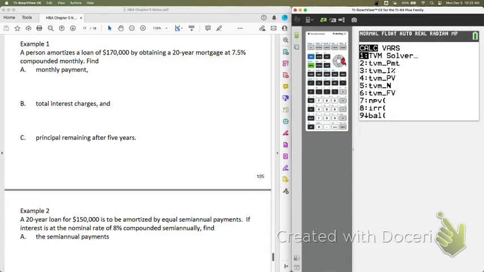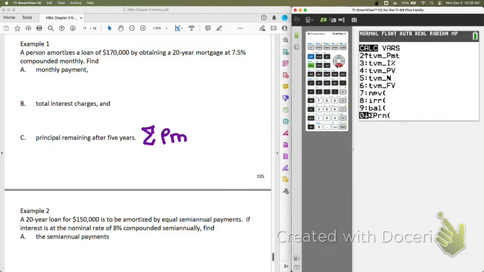Go down to the sum of, it says PRN. If this would respond a little bit faster to me, it would work great. That one. So when we are doing this, we are going to find the sum of PRN, that's the principal, over the first 60 payments.